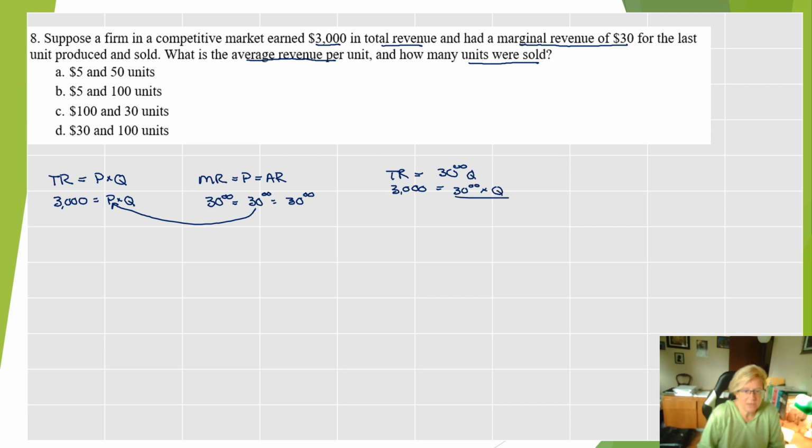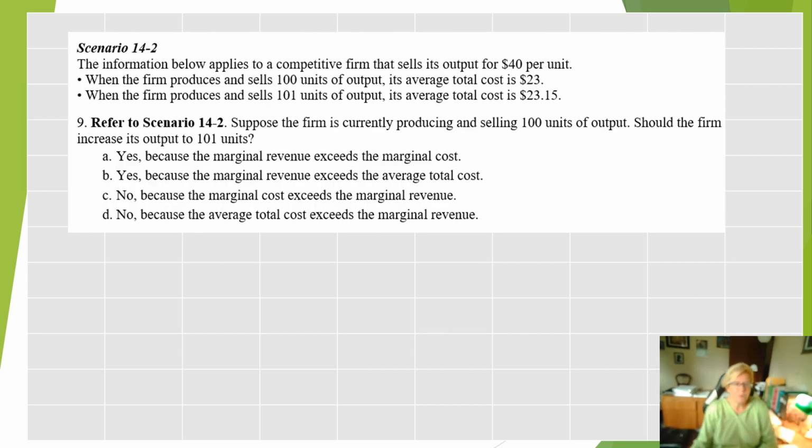We divide each side by $30, and we end up with a quantity of 100 units. So we have a price of $30 and a quantity of 100 units. Okay.